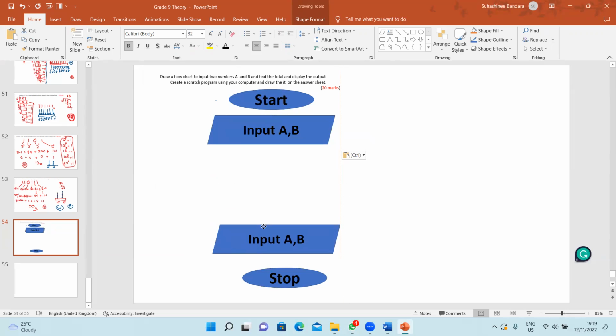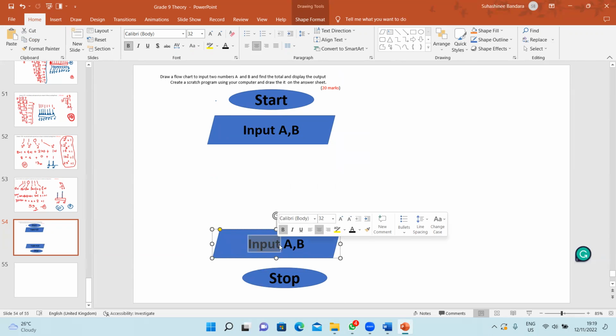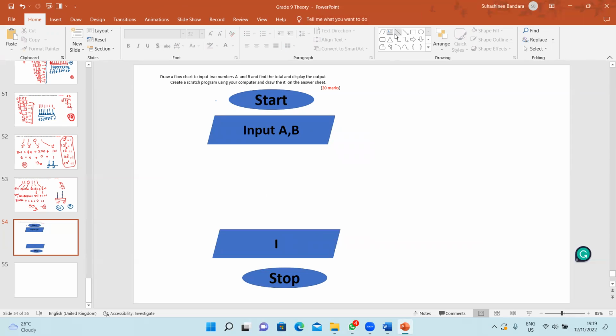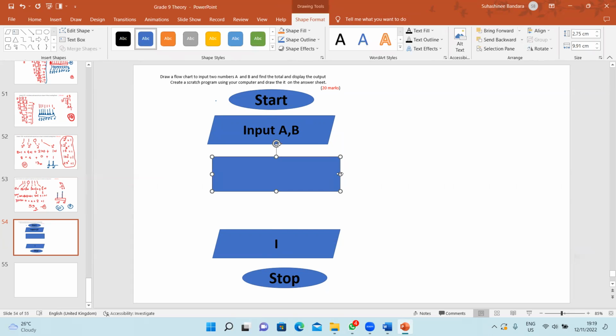I need the output. What is the output? I need the total. For that, I'm just keeping this one. Next, I have the process. For process also, I'm going to use the rectangle. You can set it like this.